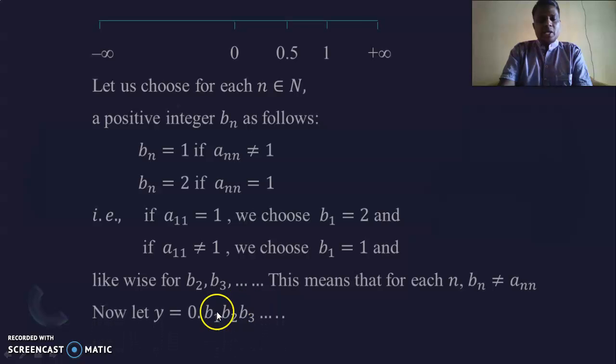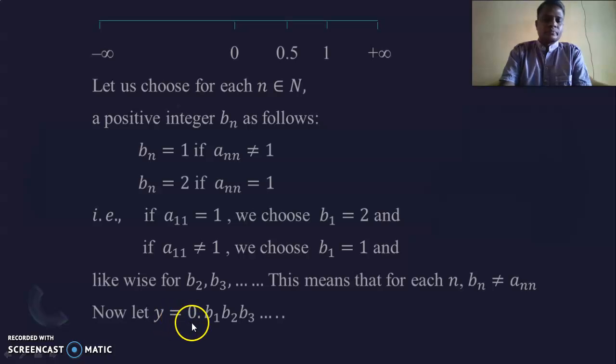We construct the decimal value y equal to 0.b1, b2 and so on. Suppose b1 equals 1, then a11 is not equal to 1. For each f(n), it differs from y in at least one place.